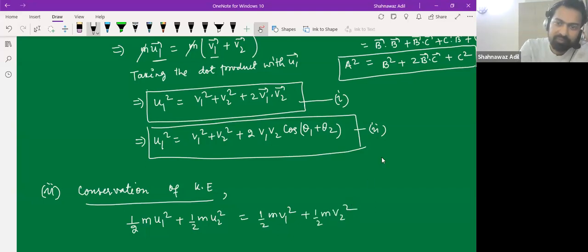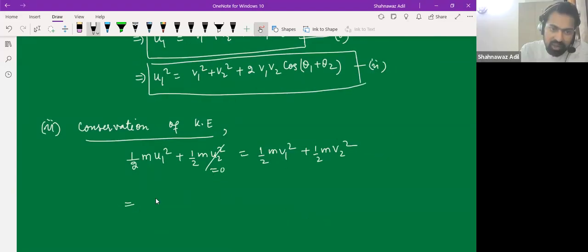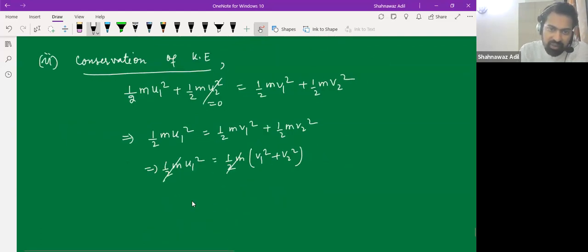Correct, everyone? Here u2 is 0, so we have half m u1 square equal to half m v1 square plus half m v2 square. Let us take half m common, so this part cancels and the relation is u1 square equal to v1 square plus v2 square. Let's say this is the third equation.